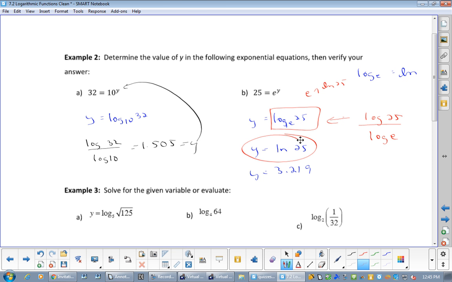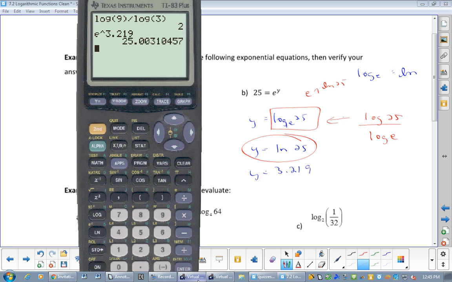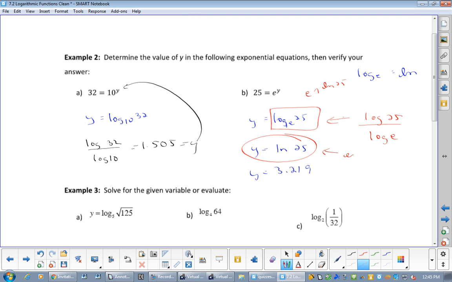Now you'll see how perfect it is. So if I go e to the exponent, always put that in brackets, ln 25. Okay, it shows you how it does give you the perfect answer. So this is what we would call exact. And this is always called the approximate.